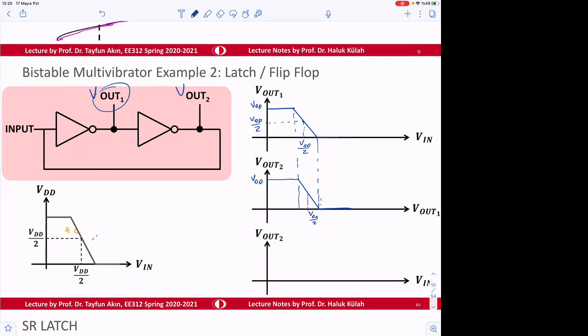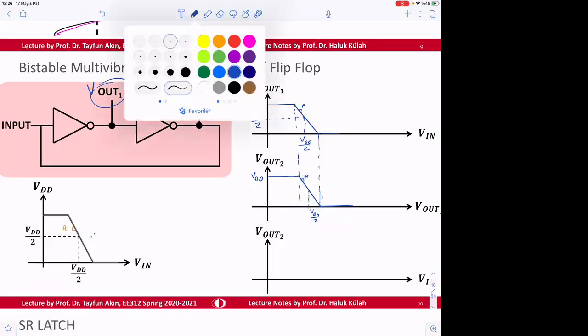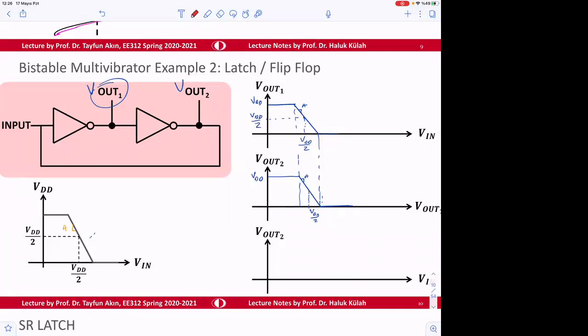Now, you know, the signal change, this is going to be slope of A, and this will also be slope of A, okay? So the response, if you do this properly, is going to be like this.